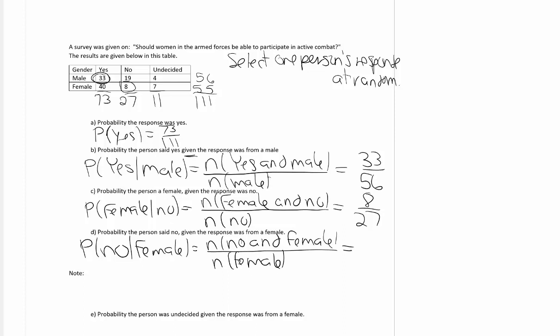Now, keep in mind, the number that's no and female is exactly the same as the number of female and no. So that's still an 8. This time around, the female's 40 plus 8 plus 7, that's 55. So notice the order for the conditional probability matters. As a quick note, the probability of E2 given E1 doesn't always equal the probability of E1 given E2.